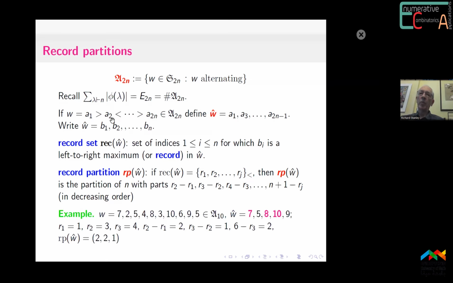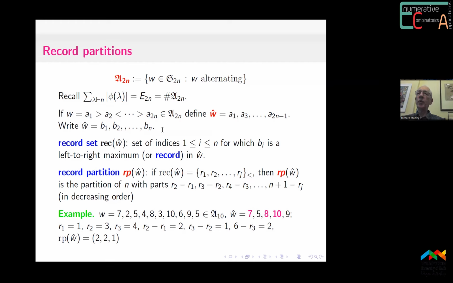Now remember, I'm trying to find some interpretation of the absolute value of phi lambda, some refinement of the number of alternating permutations, the number of elements in A_2n.